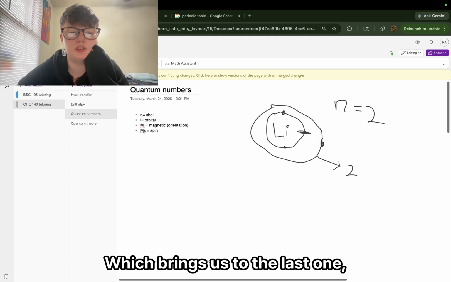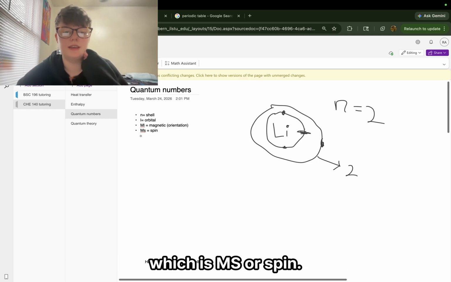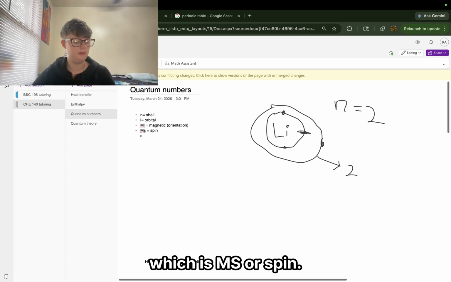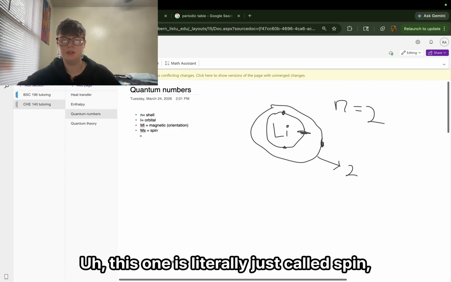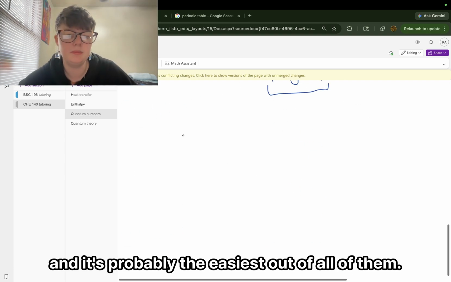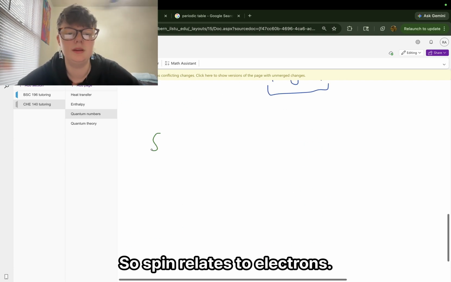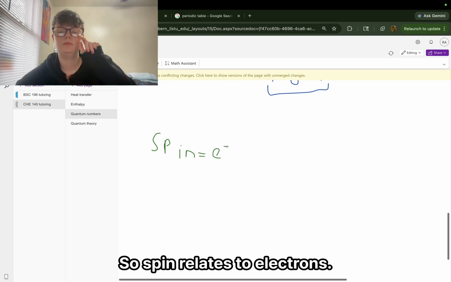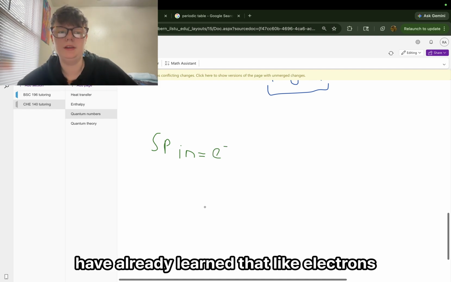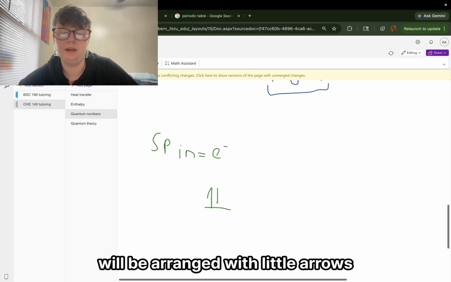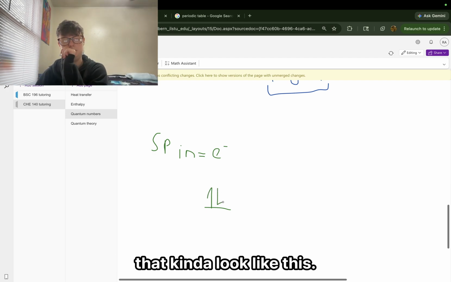Which brings us to the last one, which is MS, or spin. This one is literally just called spin, and it's probably the easiest out of all of them. Spin relates to electrons. You've already learned that electrons will be arranged with little arrows that look like this.